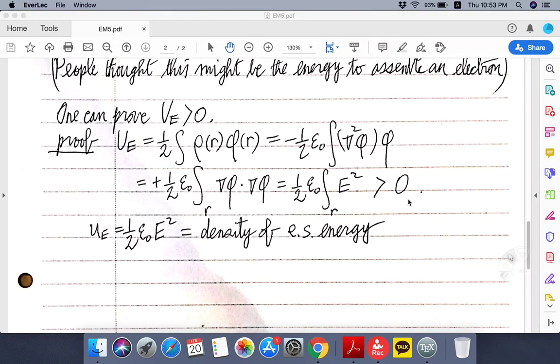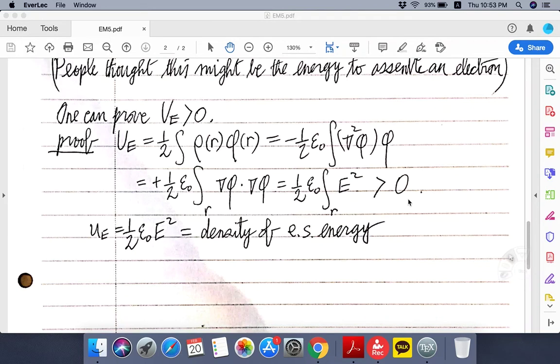And which makes sense. For example, let's say you want to assemble charges in the shape of a spherical ball, then since you're assembling charges of the same sign, you have to overcome their repulsive force to force them literally to take on the shape of the sphere.